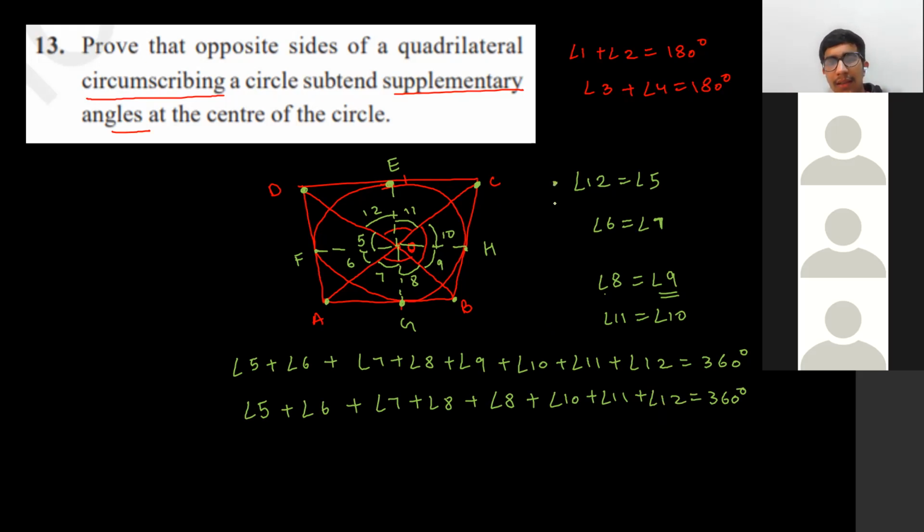The main logic is that these angles are equal because from D we are making two tangents DE and DF. So these two angles will be equal.